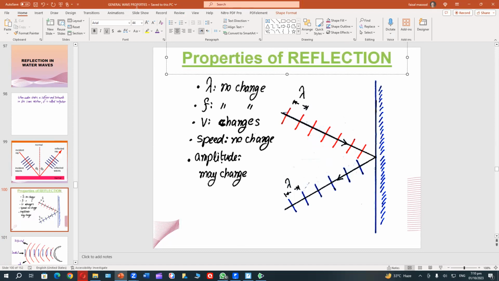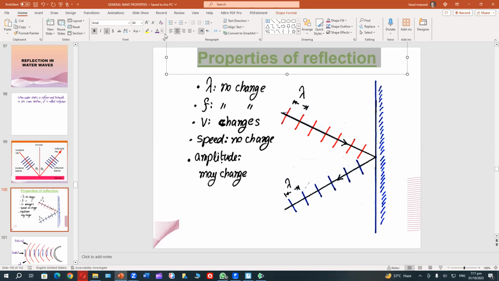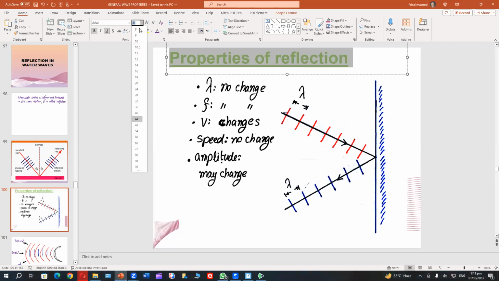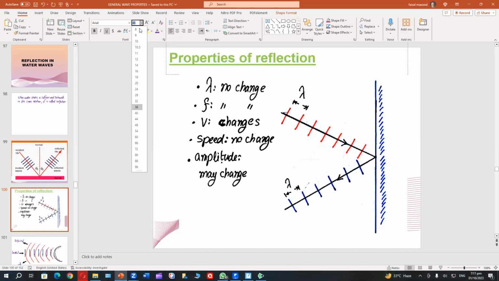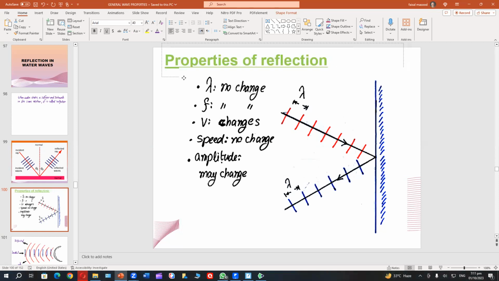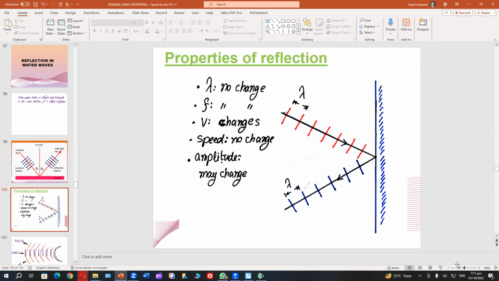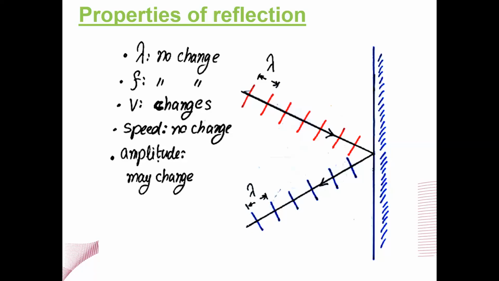Also look at the amplitude. Maybe after rebound, the wave becomes a bit smaller. This is possible. So these are some important properties of reflection. So we gave the definition. Now you have to copy this screen.